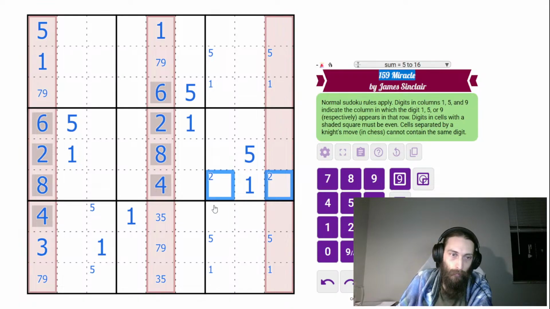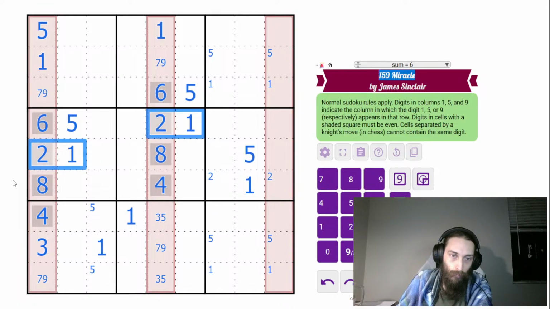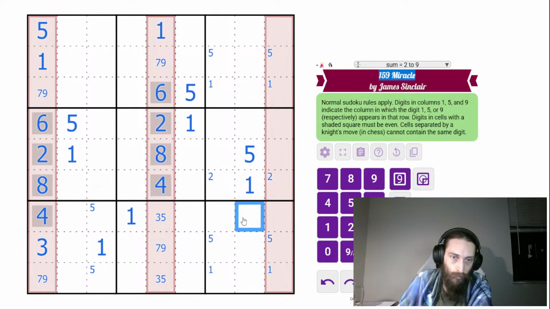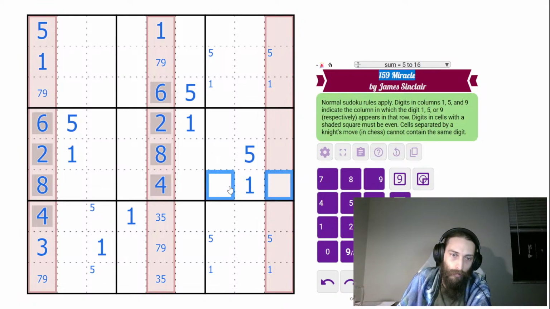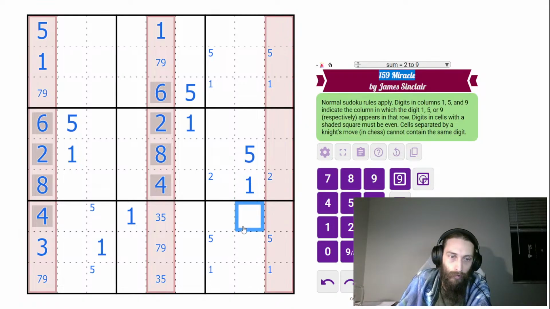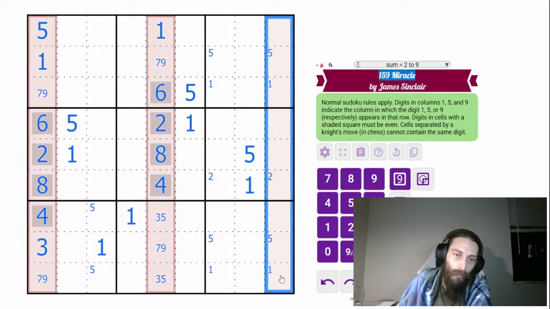Well, 2 has to be one of these two, because we've got 1 and 2 and 1 and 2. So, places 2's there. Although I don't know if that's useful. I can leave it marked, though. Probably should leave it marked. But I really want to know where 9's can go.